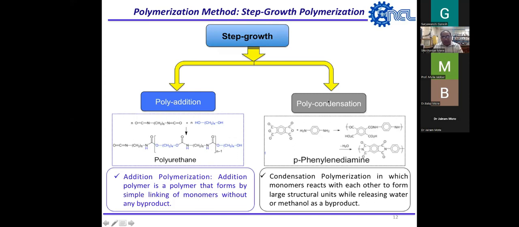Then another is polycondensation reactions. Here the byproduct is water or an alcohol. In condensation polymerization, monomers react with each other to form large structural units while releasing water or alcohol as a byproduct. This is the typical example of paraphenyl diamine.